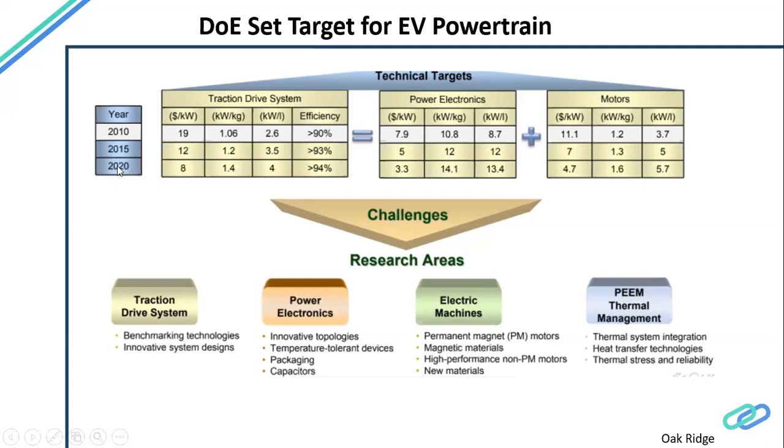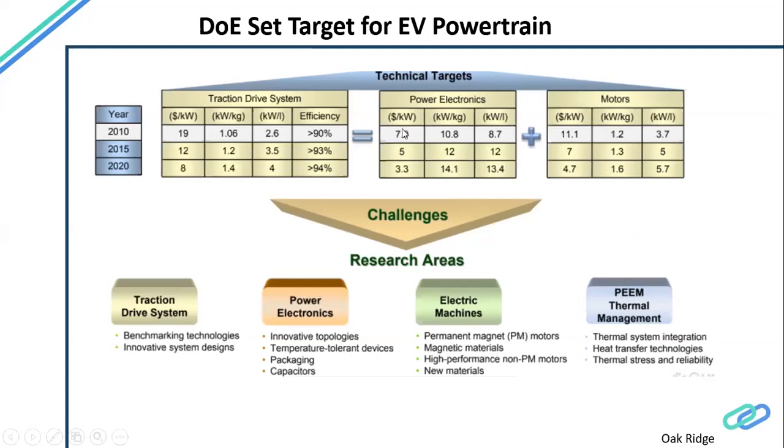Now we are already in 2020 and very close to these numbers, and in a few areas we have already surpassed them. In the case of inverters, we are well above this number, and the next targets will be set soon by the DOE.